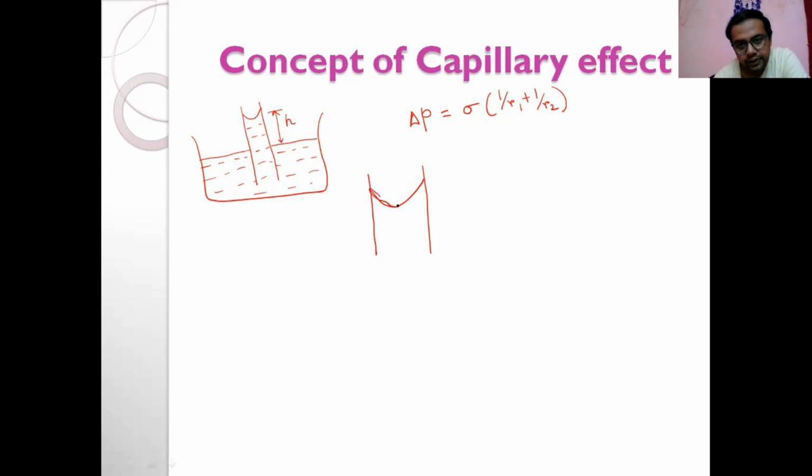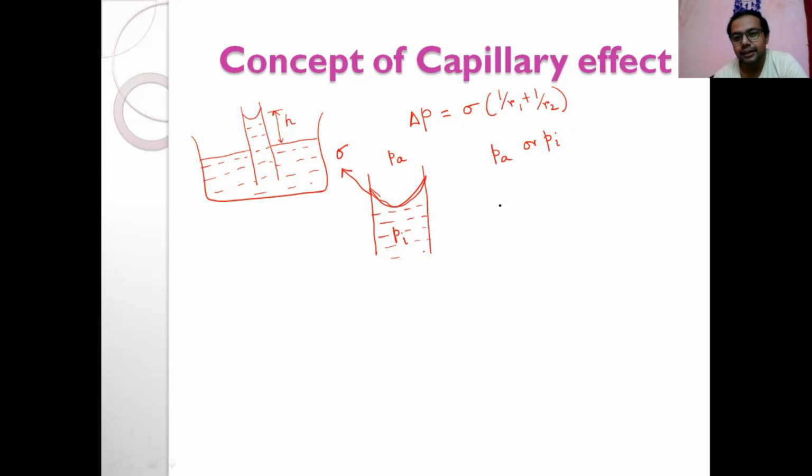This surface is like this. Here, surface tension force sigma is acting in this way. Inside there is liquid. Outside, atmospheric pressure Pa. Inside there is a pressure Pi. Now, which is more, Pa or Pi?